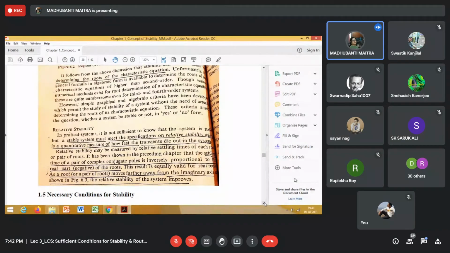Suppose you're given two systems, system A and system B. We might be interested in whether system A is more stable than system B, or whether system B is more stable than system A. Have you understood what I'm saying?